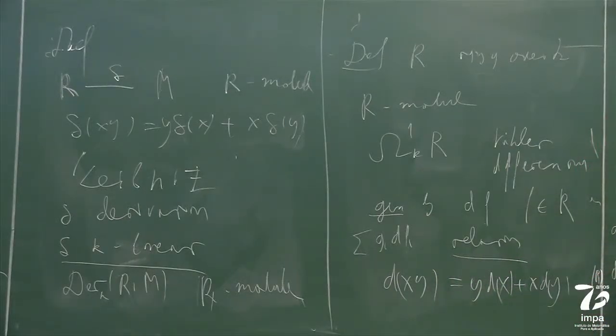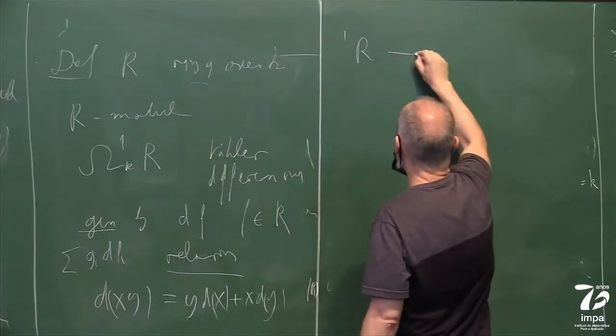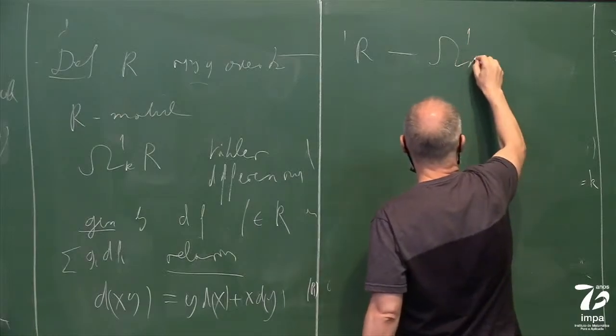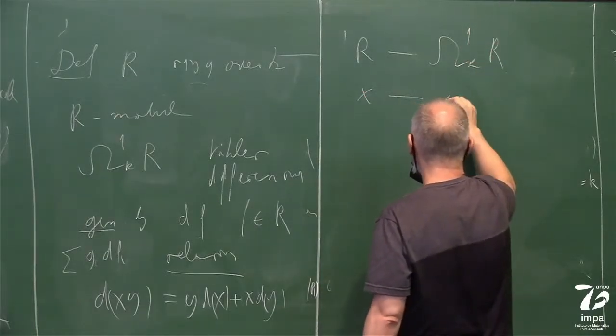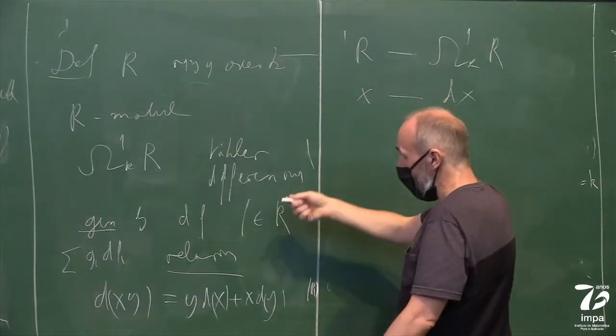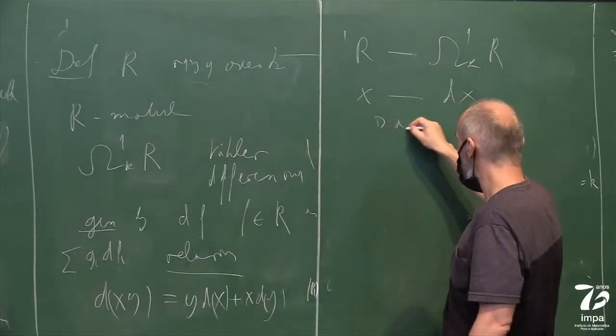In particular, you have a natural map from R to scalar differentials. x goes to dx. And this satisfies the Leibniz identity, it is a derivation.